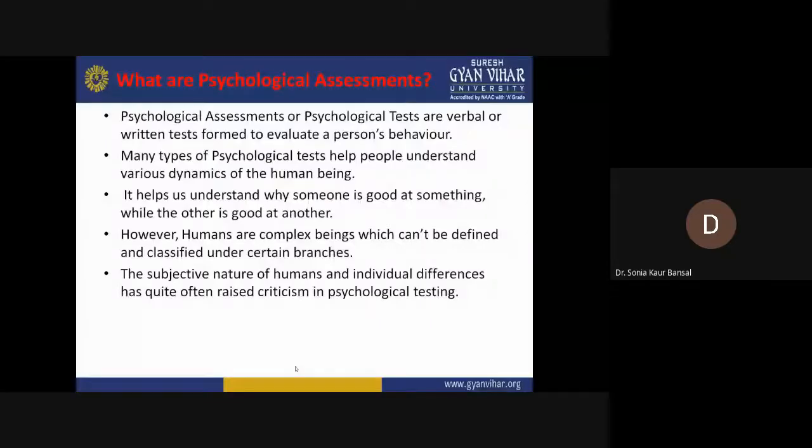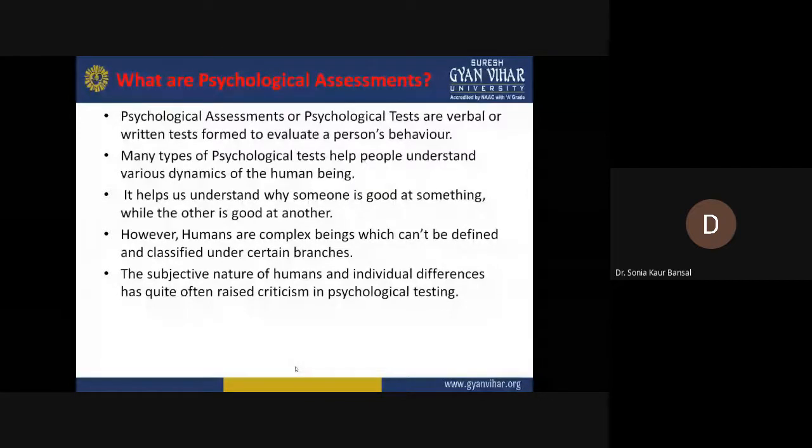A person's behavior can be assessed in any situation, with any of the relatives or any person involved in the environment. So many types of psychological tests help people understand various dynamics of human beings. It's a very good way to understand the different dimensions of human beings.